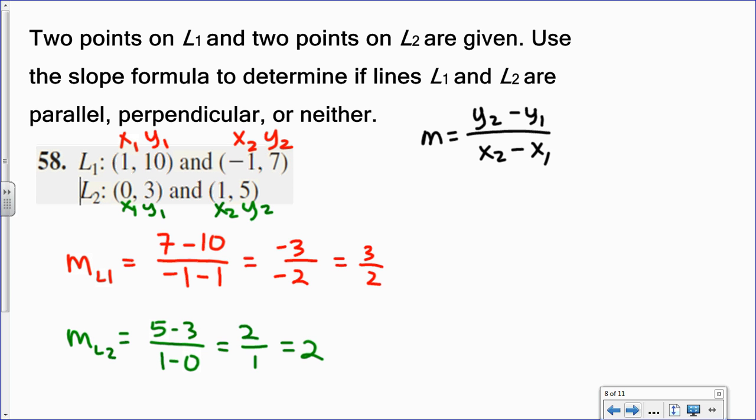So are these slopes the same? Are they opposite reciprocals? So are the lines parallel, perpendicular, or neither? Neither. So they're not the same, and they're not opposite reciprocal. So they're neither.